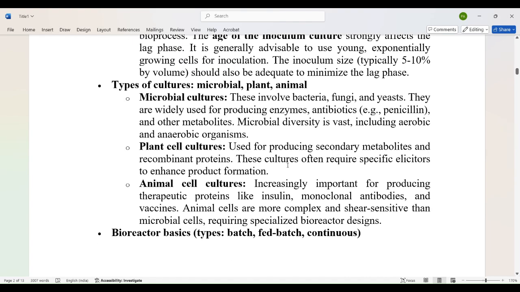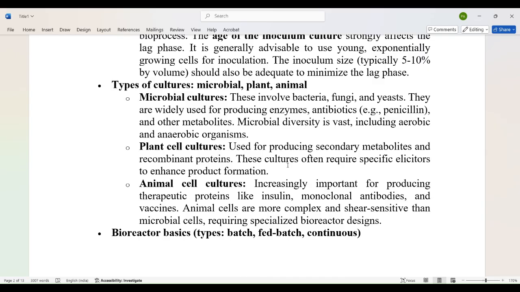Now there are different sorts of cultures that are utilized, for example microbial, plant, animal. Any organism which we are intending to use should be very well known to us. Known to us means what? We should know the metabolic pattern of the particular cell culture.